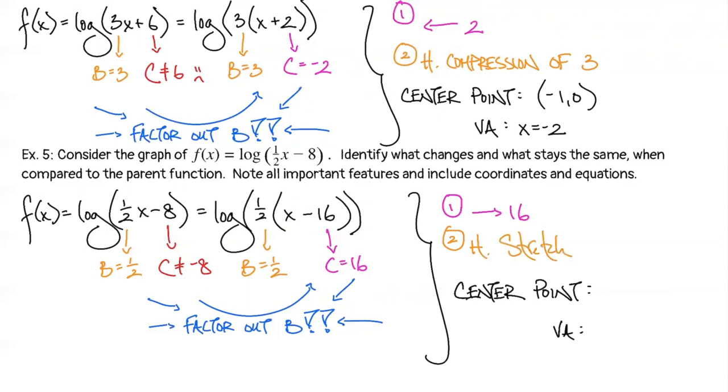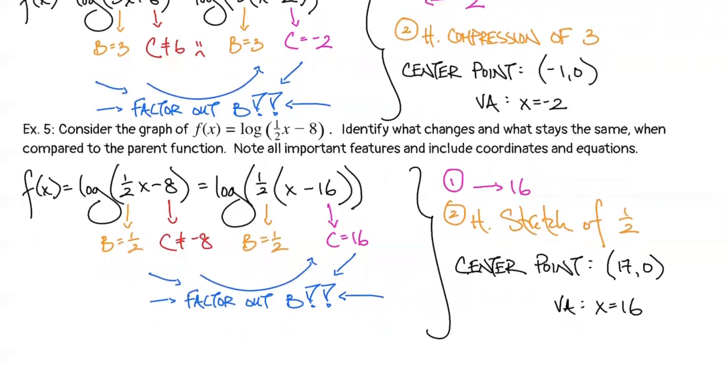And in fact, we are stretching by 1/2, meaning we're pulling it out twice as long in the horizontal direction. Now we're moving 16 units, so that's going to give us 17, 0. And we're moving our x equals 0 to be x equals 16.